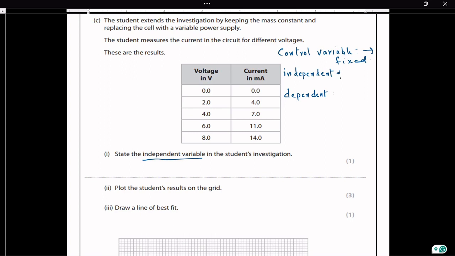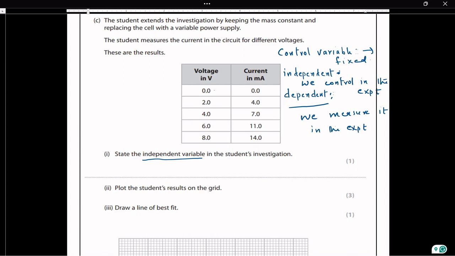Independent variable is what we control in the experiment. Dependent variable is what we measure in the experiment. Even the independent variable we are measuring, but we fix it. We control and keep it. As an example, you can see the voltage.